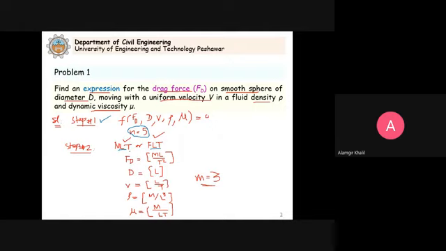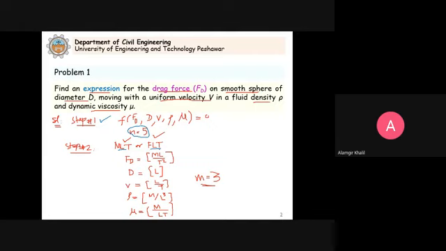So you use the MLT system or you use the FLT system, you must get the same result. The reason here is that, and you can check as a learning exercise, in some problems, if we use the MLT system, it becomes easy, while for some cases, if you use the FLT system, it becomes easy to solve.